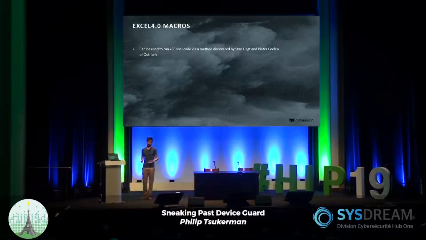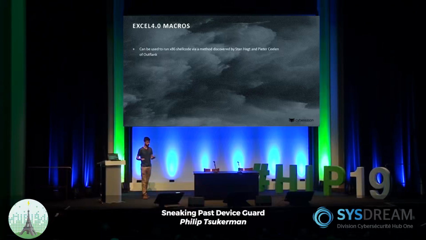But when I first discovered Excel 4.0 macros, I actually didn't understand how to use them for shellcode because of a bunch of constraints, until I discovered that Stan Hegt and Pieter Ceelen of Outflank actually were able to run shellcode via Excel 4.0 macros. What I was able to do is just run scriptlets, run command lines, etc., and this was never able to escape Device Guard.